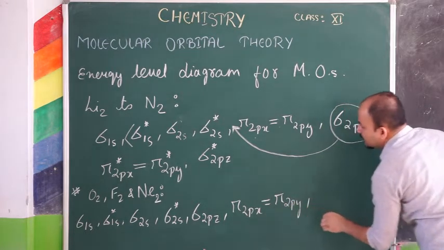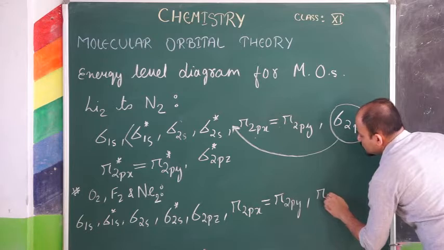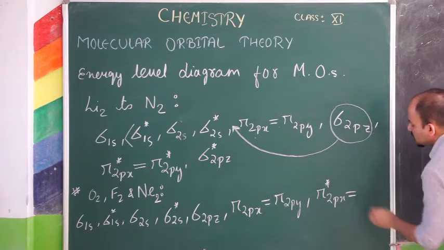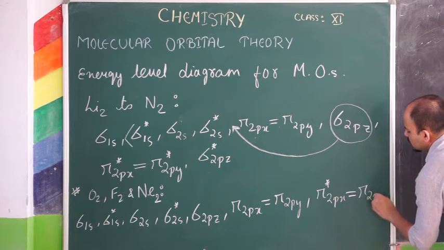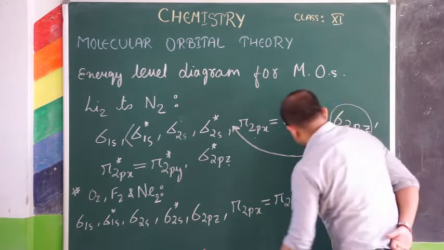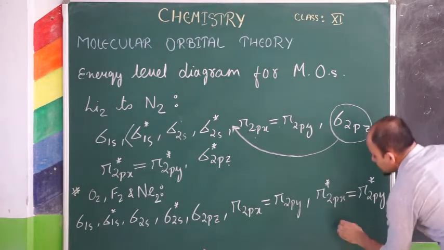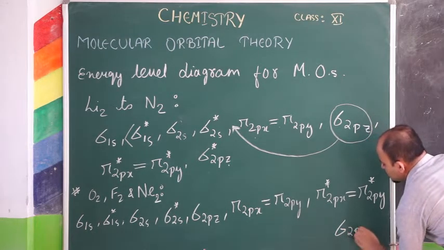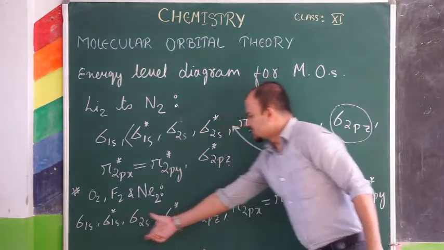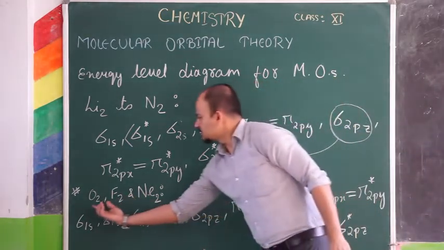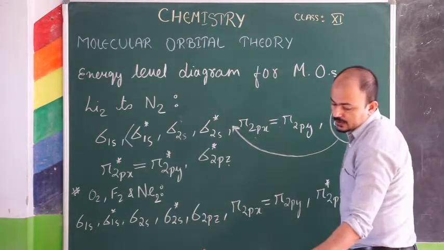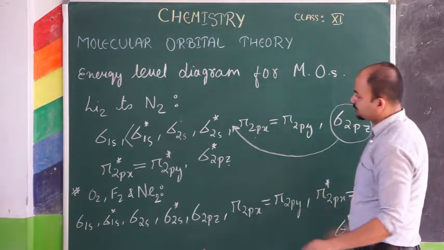Then after that you have pi star 2px, which is equivalent in energy with pi star 2py. And at last, sigma star 2pz. So the sequence for these three elements, oxygen, fluorine and neon, is this. You have to remember it properly.